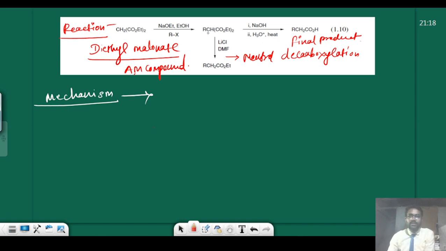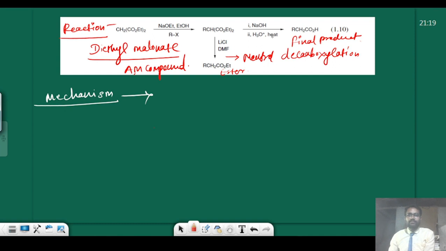Neutral means, in this particular state, lithium chloride will attack the ester group, and one decarboxylation will happen, and there is a formation of this particular ester only. So in the neutral decarboxylation, the ester group remains present.